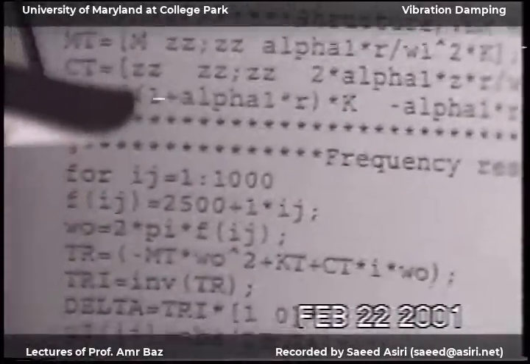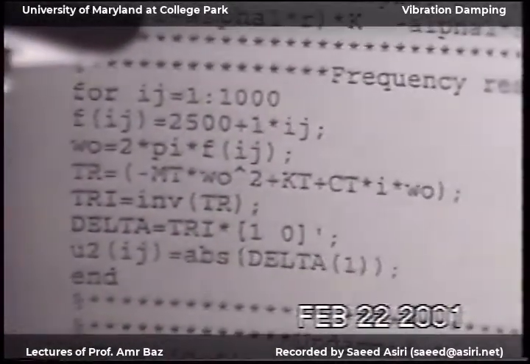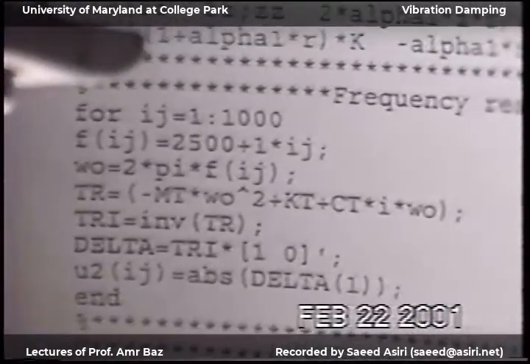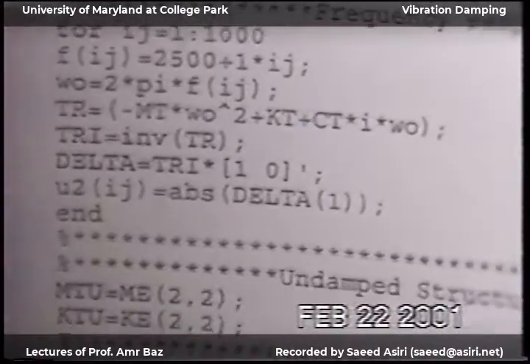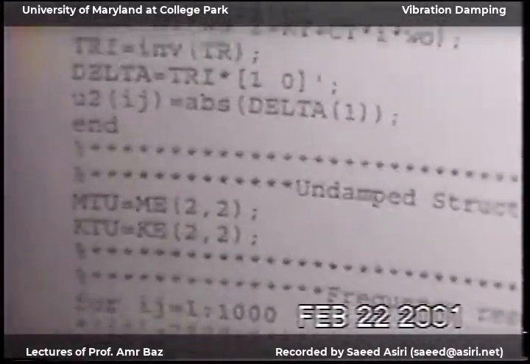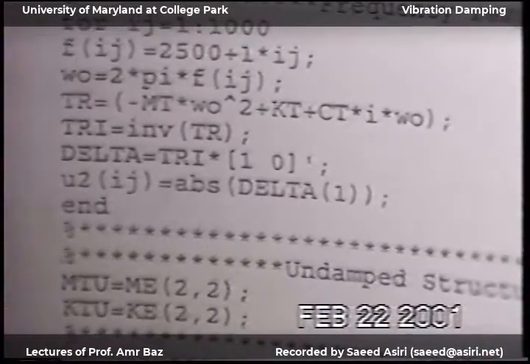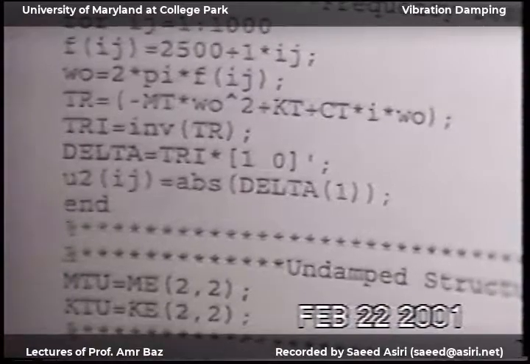Then I want to calculate response, frequency response. This structure has damping in it. These matrices, all real number. I can do time response or I can do frequency response. There's no imaginary here. So I can do everything in frequency domain or time domain.